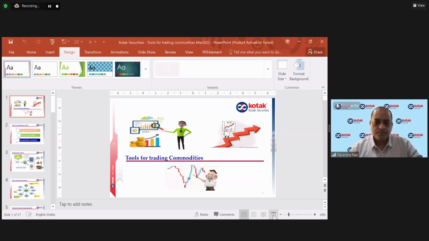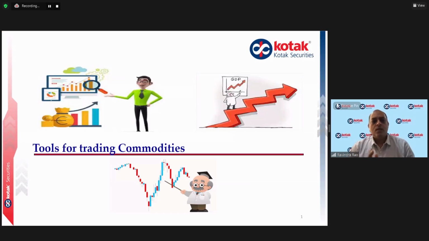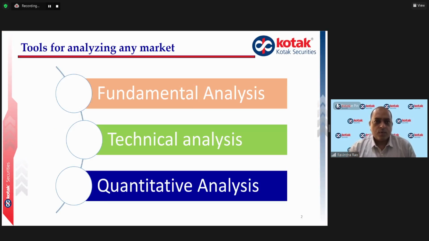So we'll first understand what tools are there for trading commodities and how one can use those tools. As I mentioned, there are broadly three tools. One is the fundamental analysis, then we have technical analysis, and third we have quantitative analysis, which has been trending nowadays.